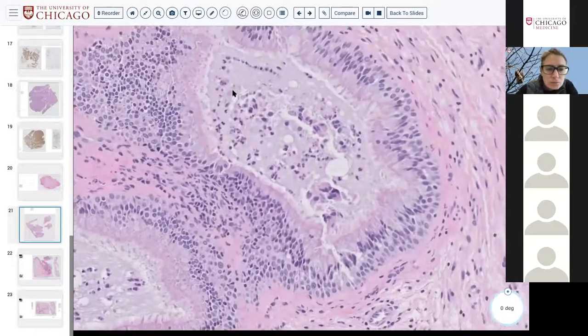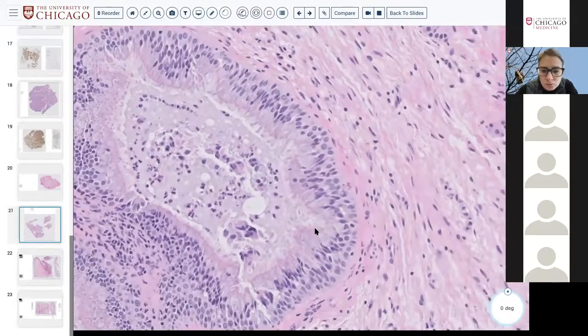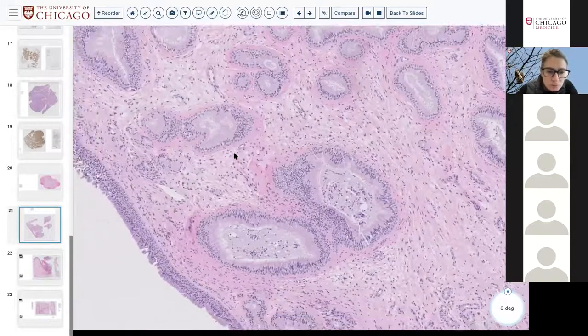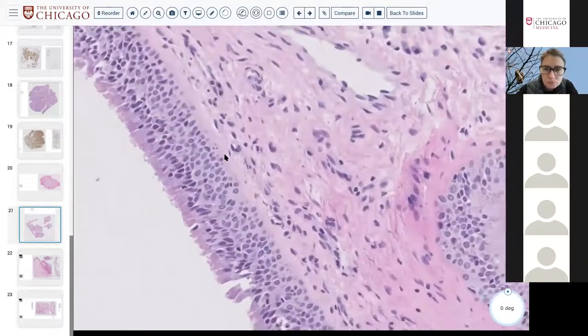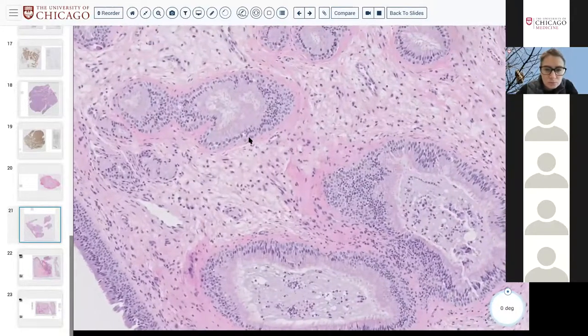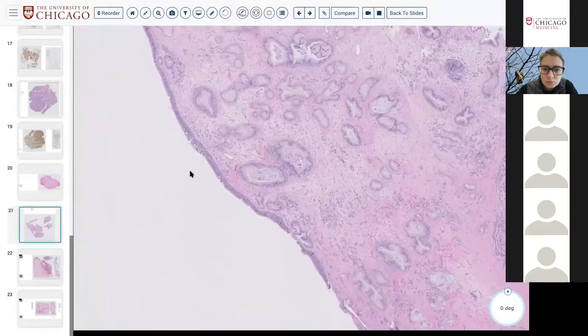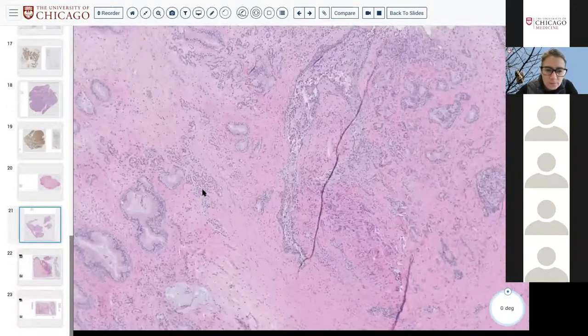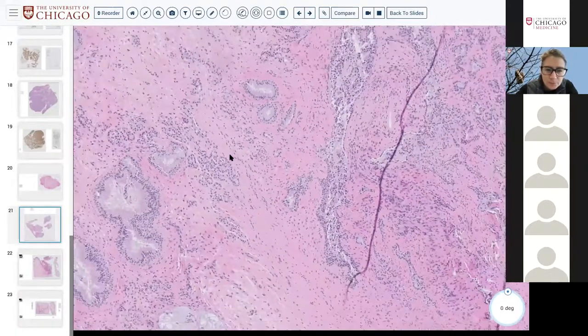And if we look along the surface, at some points it looks like that outer respiratory epithelium is invaginating into the, I guess, submucosa. And so I was thinking it was a sinonasal hamartoma.